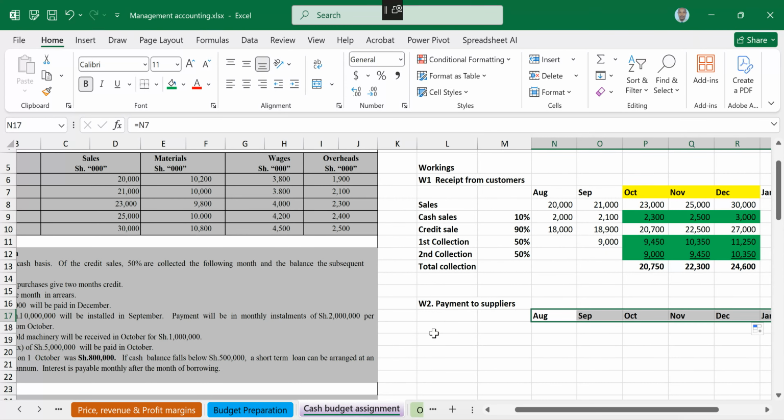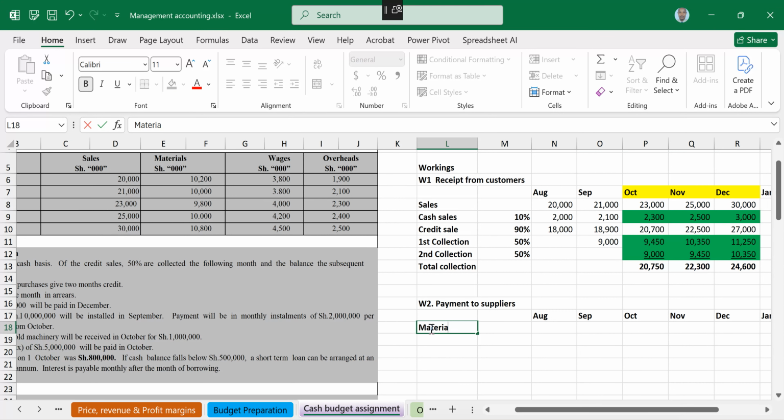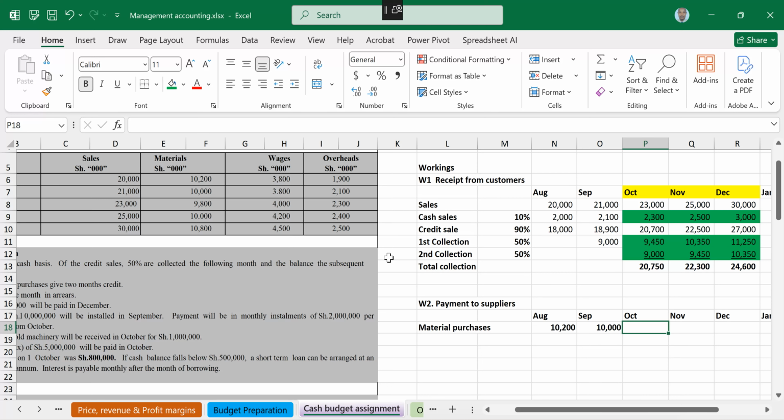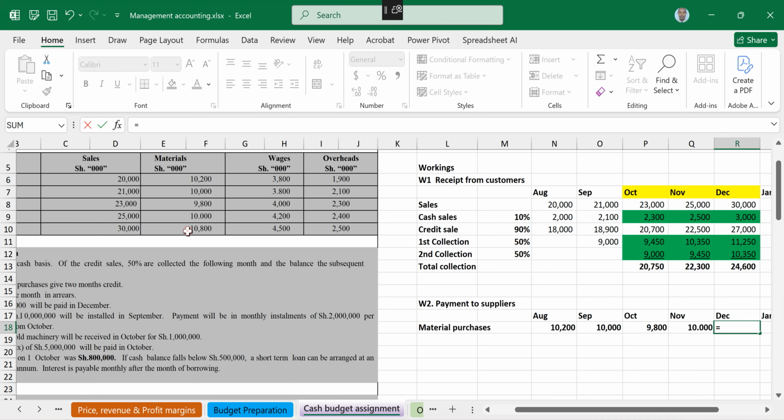So whatever you see there as materials, that is a material purchase. You can decide to use them as they are. So equal sign 10,200. The other one is equal sign 10,000. Equal sign 98. Equal sign 10. December is equal sign 10,800.